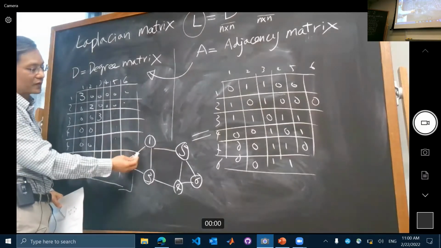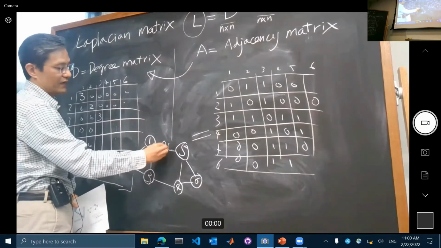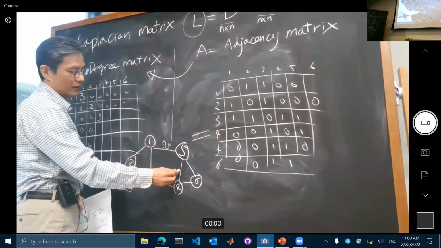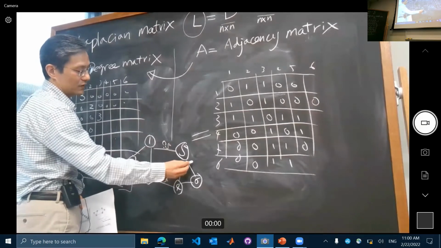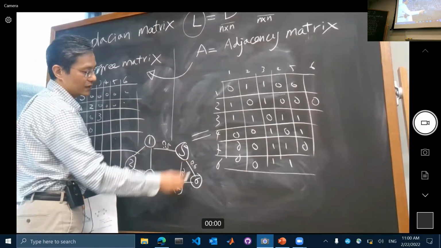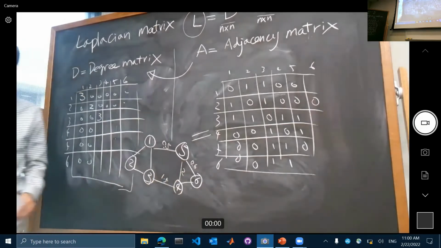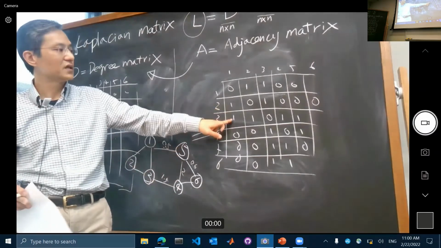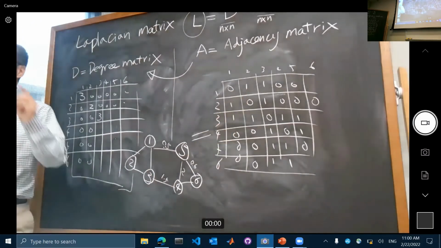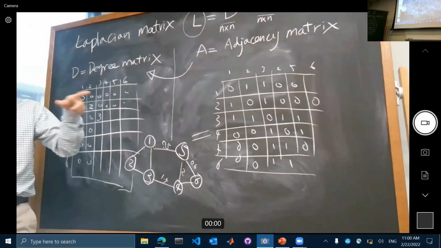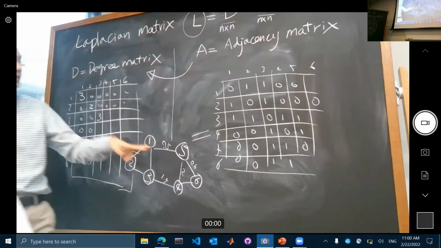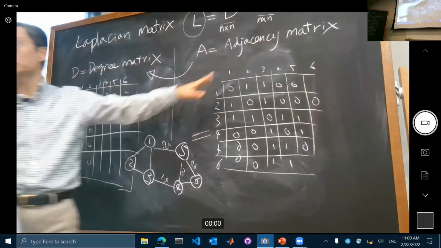Remember, these values can be weighted. Say I want a 0.5 weight here, and here is 1.5. This will be 2. This is 0.6. It's possible. In that case, instead of putting 1 and 0, you put their weights into the adjacency matrix.